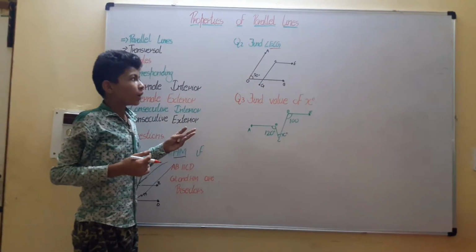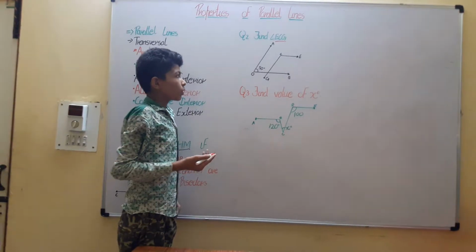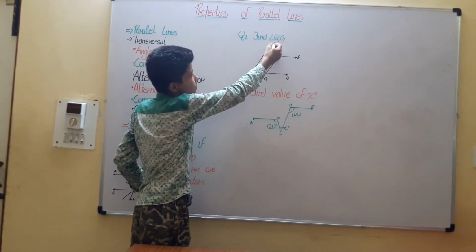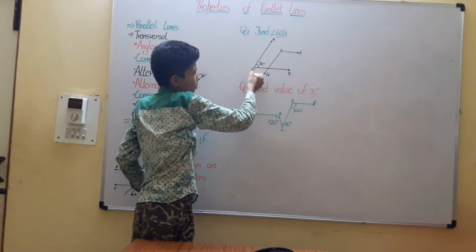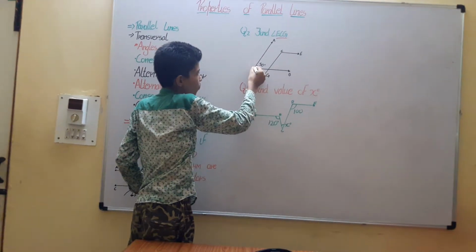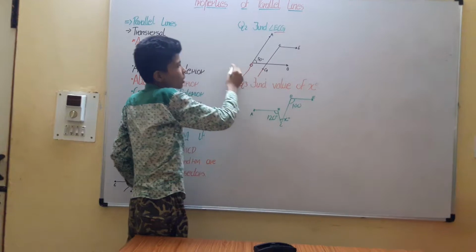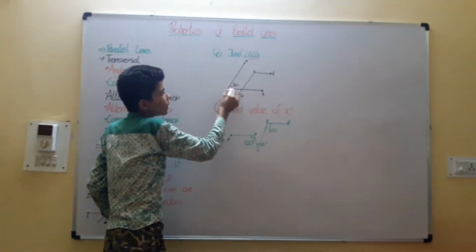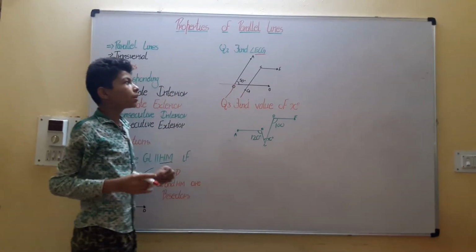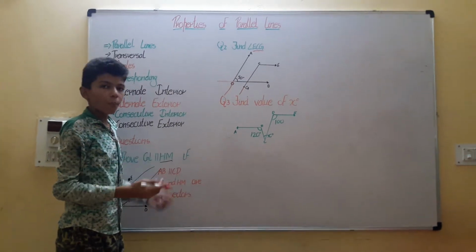So how could we find it? Let's extend the lines AO and CG, and OB. So we get the transversal, which is OB.